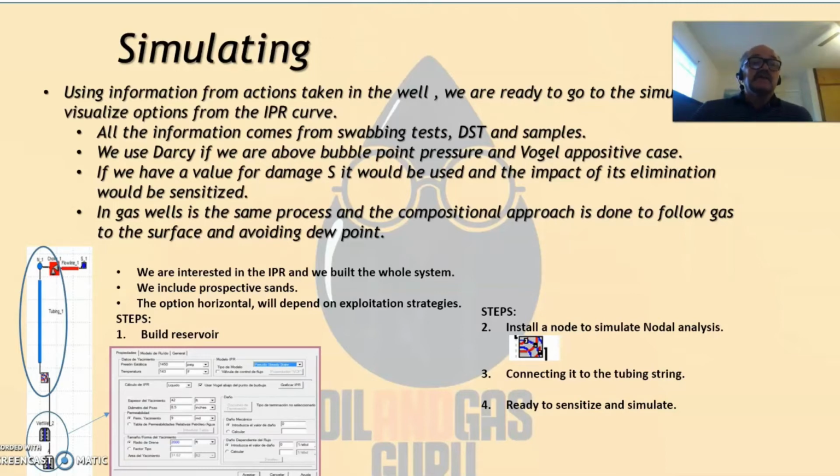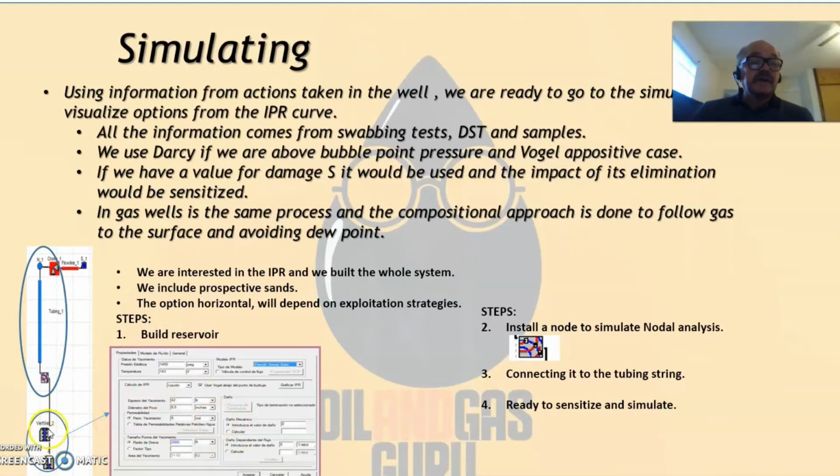Okay, so the first thing we include is all the sands that we see as prospective that the team, you remember the team, decided which zones to include. If the strategy of exploitation states that we should include them in the well, so we include them in the simulation.